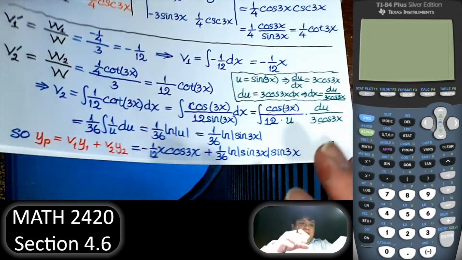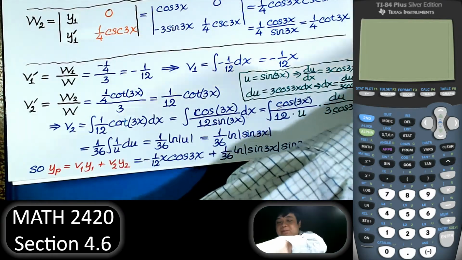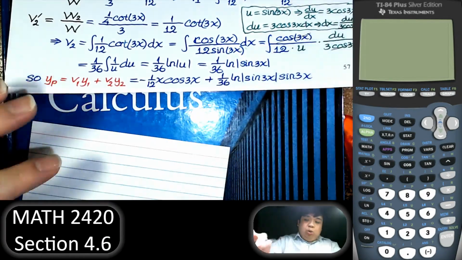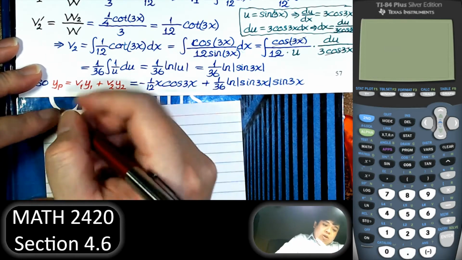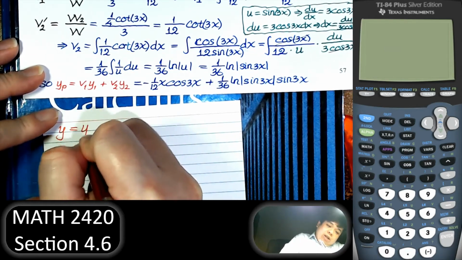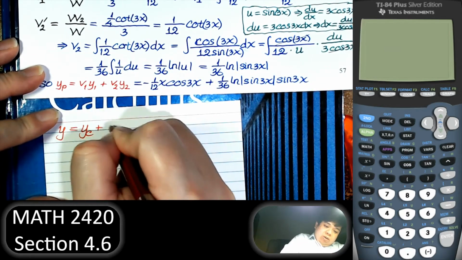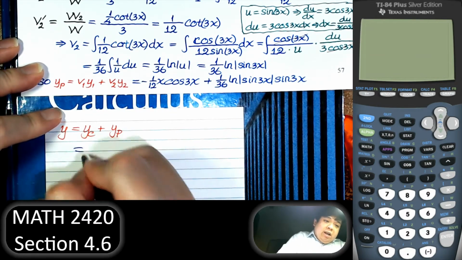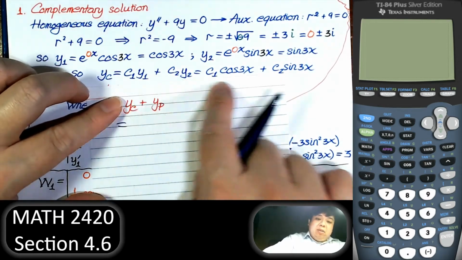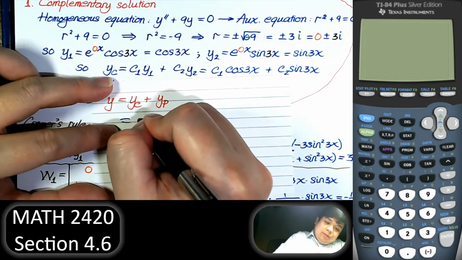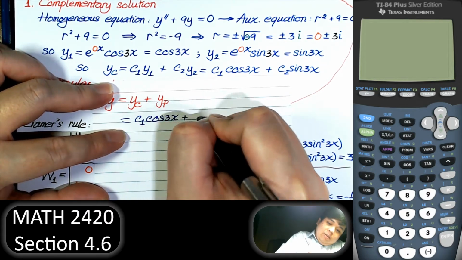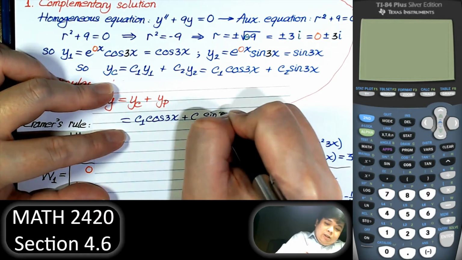And really hate this, but we run out of space. But if we want the general solution, we just say y equal to complementary solution plus particular solution. So the solution is, this is the complementary solution. C1 cosine 3x plus C2 sine of 3x.